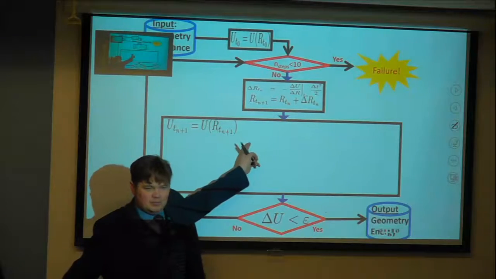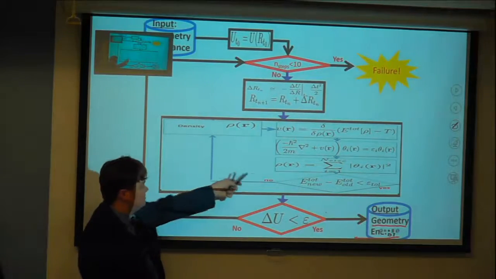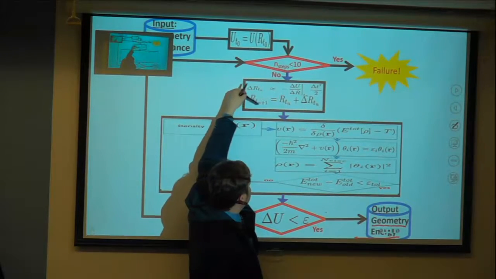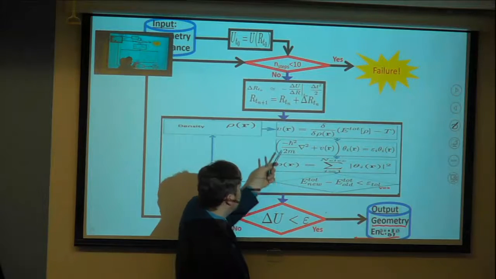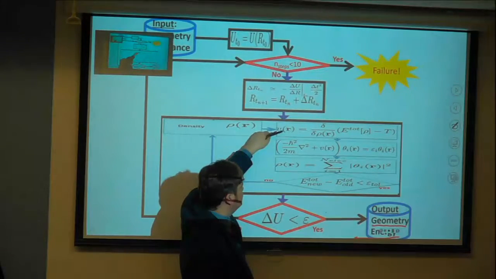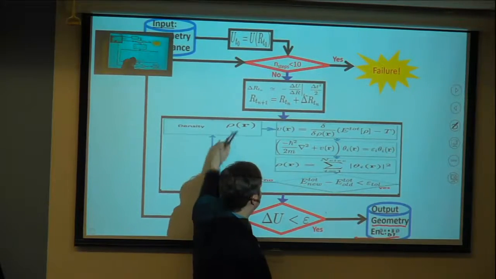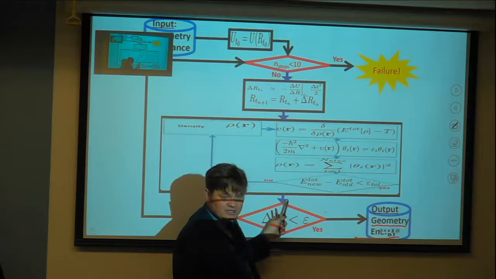At the step, you feed in the positions of ions, and then you go to electronic potential, orbitals, total density, total energy, repeat, repeat, repeat, and then finally you get the energy, and you compare this energy with the previous one.